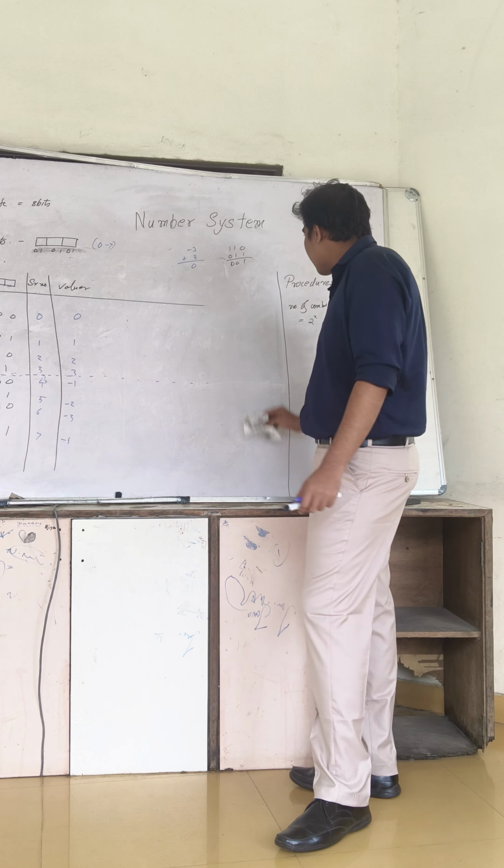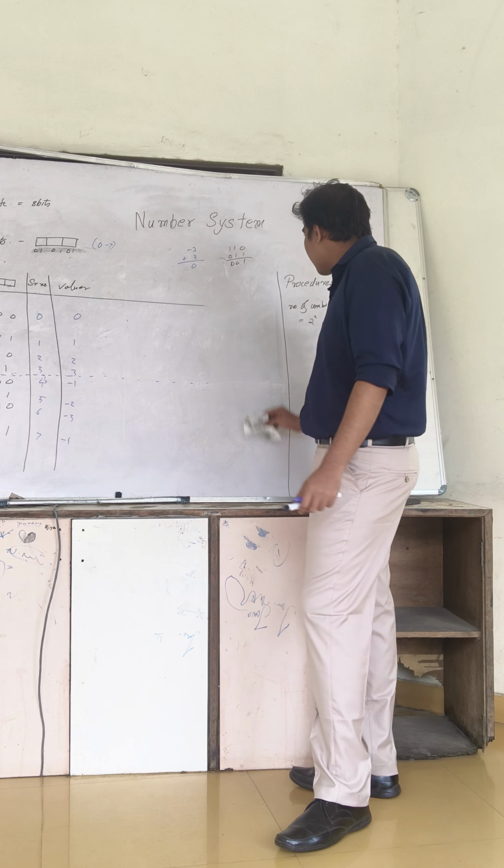Correct? So according to this, our new assumption is that 1, 1, 0 should be our negative 2. And again, now we are performing the not operator, flipping the table, so our numbers will start from below.